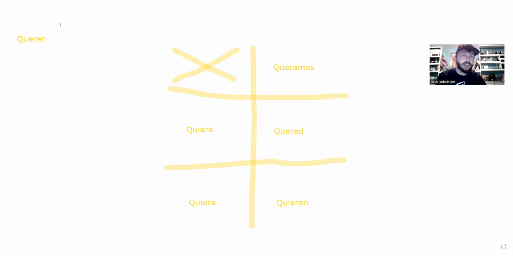So, querer in the affirmative imperative, no conjugation in the yo form. Tú quiere, él, ella y usted quiera. Nosotros y nosotras queramos. Vosotros y vosotras quered. Ellos, ellas, ustedes quieran. Okay.